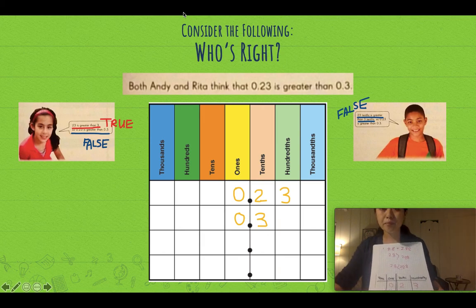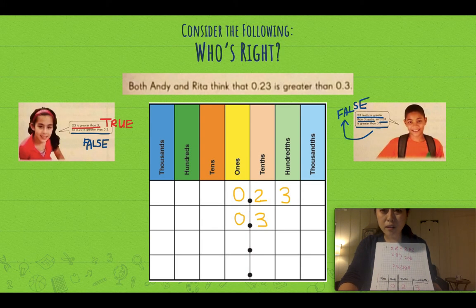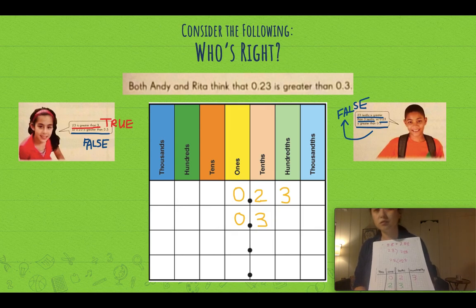All right. And so in here, we know also that 0.23 is not greater than 0.3. Okay.